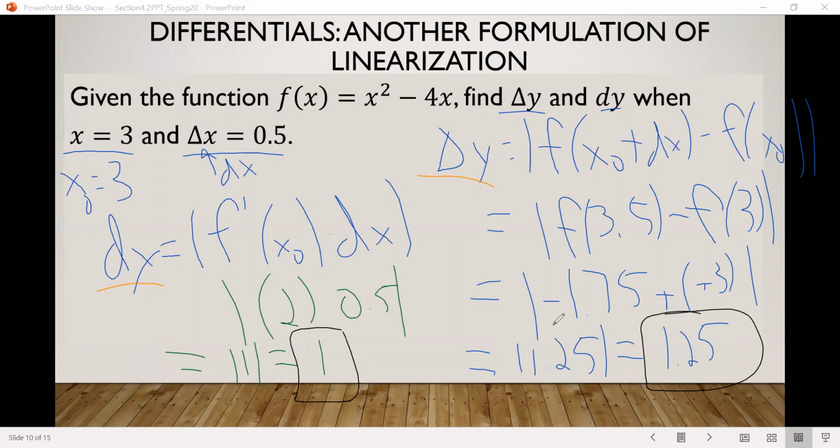And note that the two values we got here are fairly similar, right? We have a 1 and a 1.25. Those are not too far off. So that shows us that using dy as an estimate for delta y is pretty reasonable. And you want to pay attention on your homework for this section. Problem that asks you to estimate the value for delta y. And in that case, you'd want to use dy.